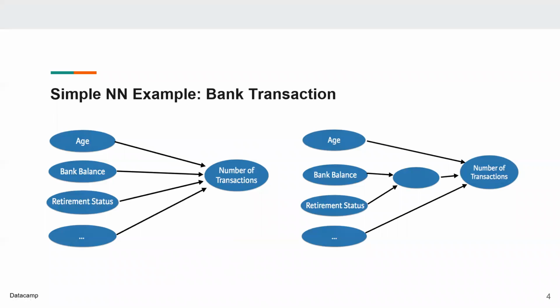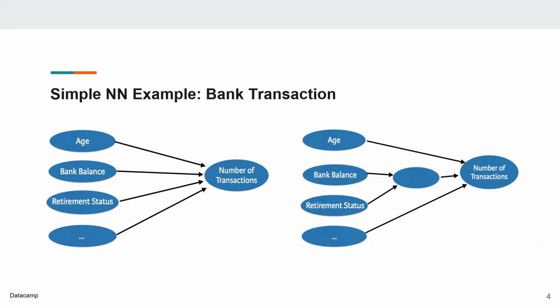It says, can we analyze the relationship between the number of transactions and the age, bank balance, or retirement status, and all of them together? So we can build something like a linear regression model or a generalized linear model to describe that relationship.